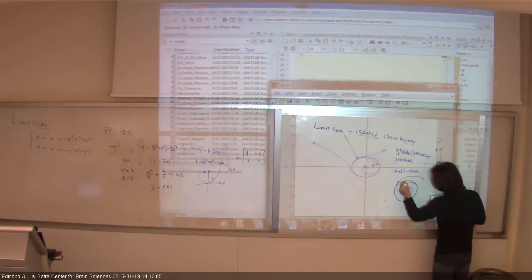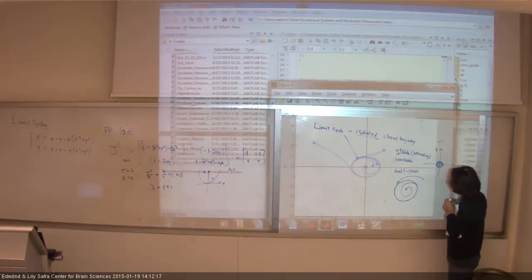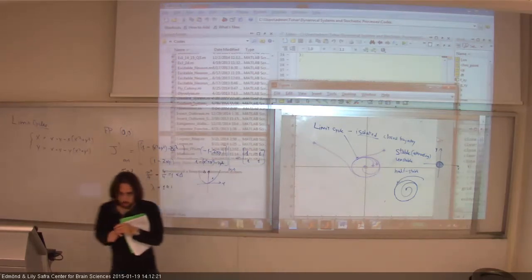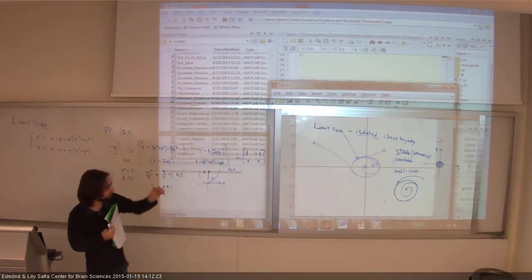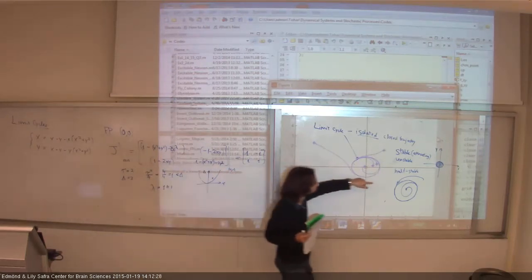Yeah. Let's say that we mark a half-stable limit cycle with a solid line, because we do have a trajectory there. Okay. If I would have different colors, then I would use like a dashed black line to mark the limit cycle, but a blue line for the trajectory.